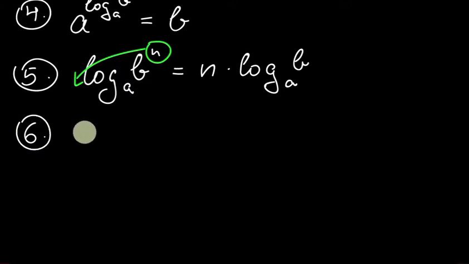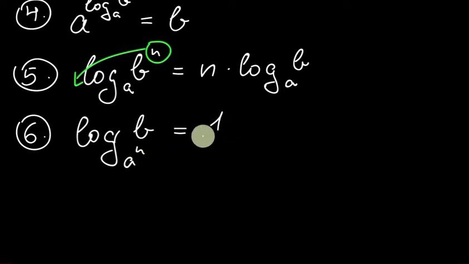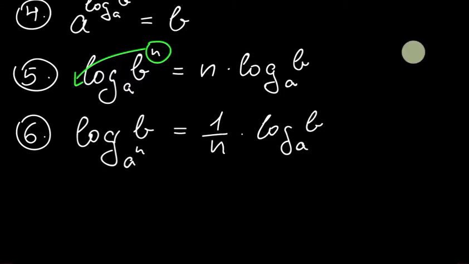So let's say we have log base a to the power of n of b, and it is equal to 1 over n times log base a of b. So we are moving this here.